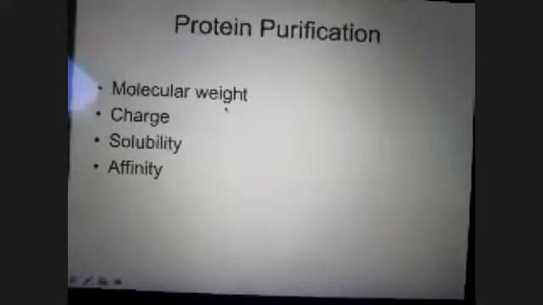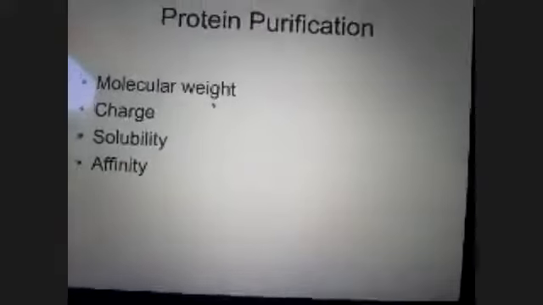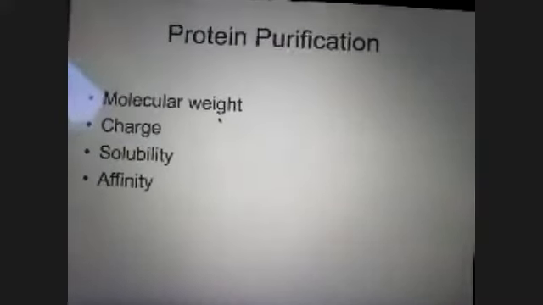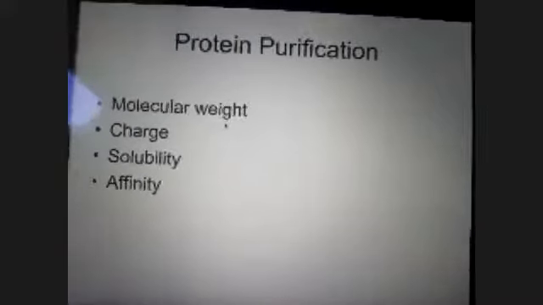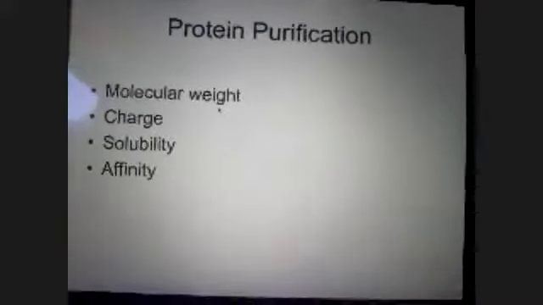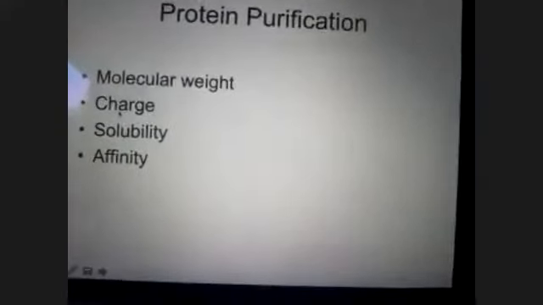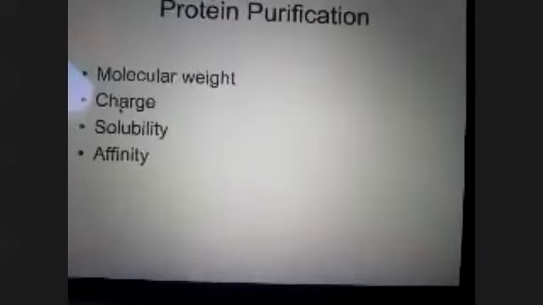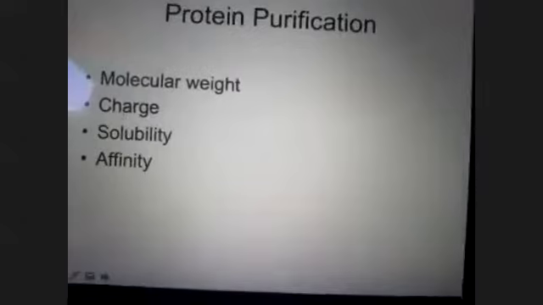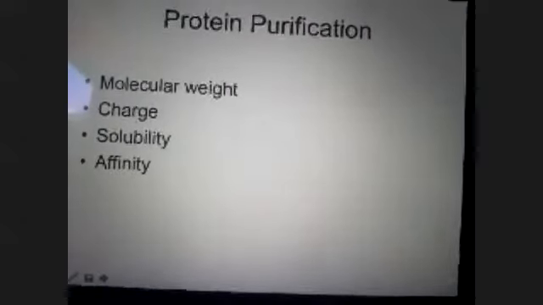For our case, the enzyme that we have purified is T1 lipase. The molecular weight of T1 lipase is about 43 kilodalton. And then the charge depends on the buffer that we used to solubilize the lipase; these two come together sometimes.